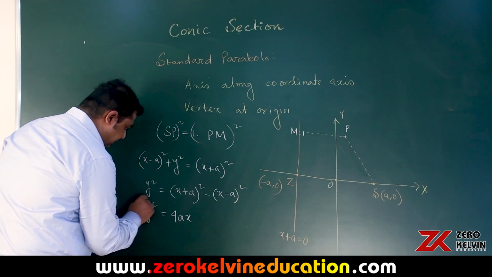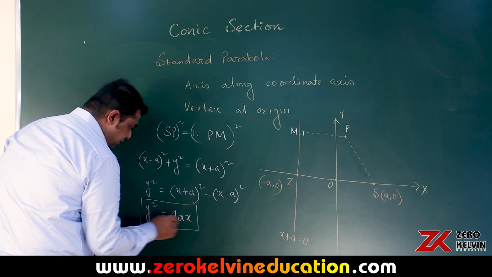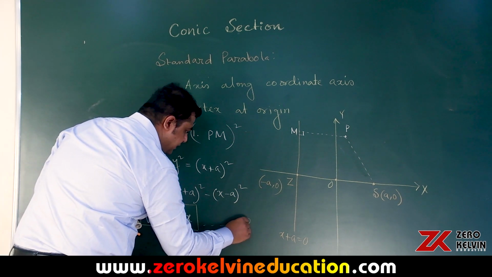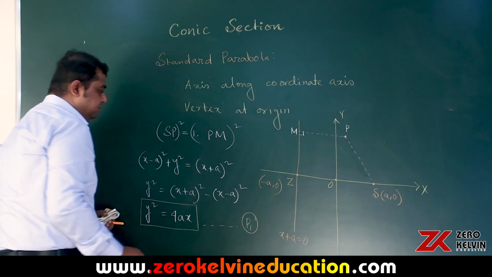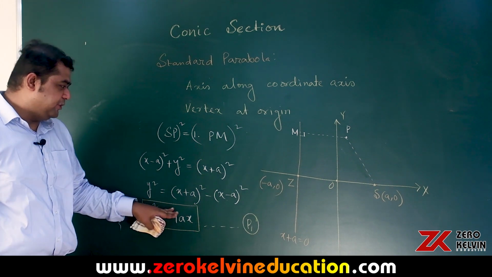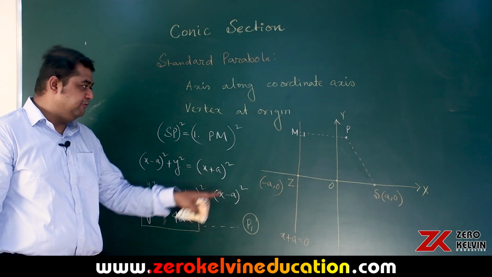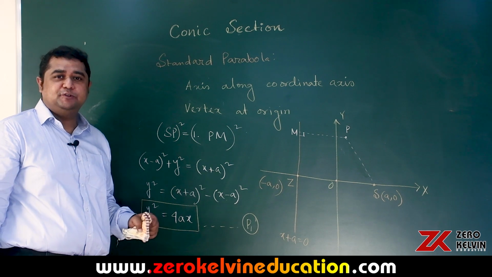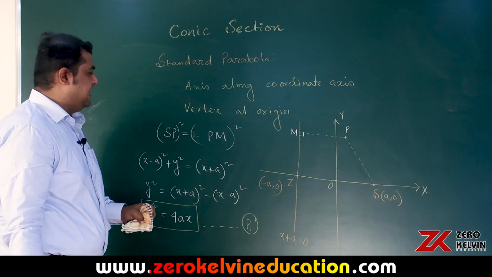So, that is the first standard parabola we can consider. Let us name it as P1. So, y squared equals 4ax, that is the equation we have found for the standard parabola whose focus has been considered on the positive x axis.